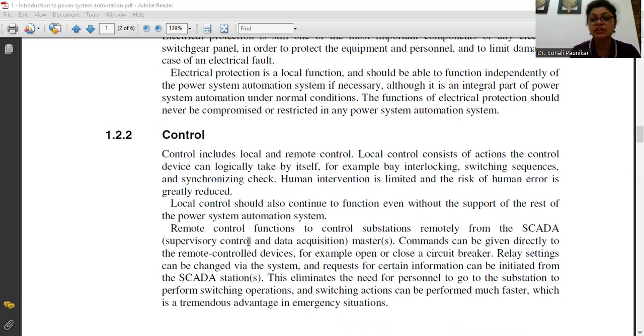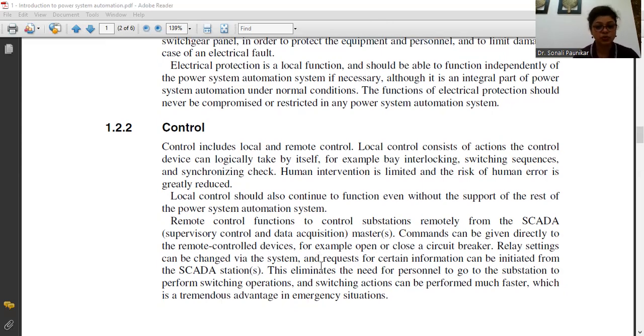That is called remote control, meaning there is a distance involved, even if the distance is far away, we can control that system. That is called the remote function. In the remote function, SCADA and PMU stations are included. They basically give the data that we have recorded from the systems, and then we have to control it.